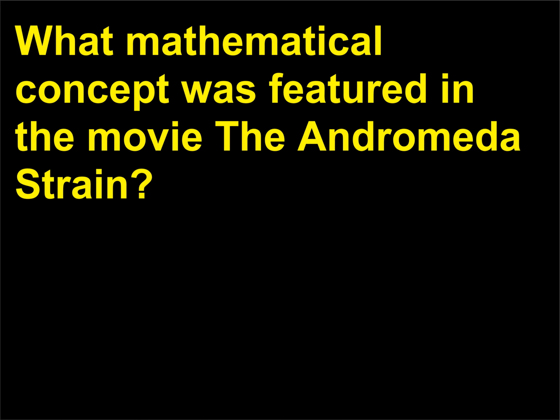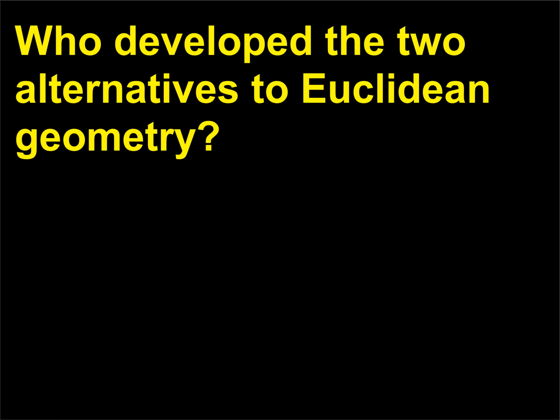Who developed the two alternatives to Euclidean geometry? Hyperbolic geometry was first announced by Russian mathematician Nikolai Ivanovich Lobachevsky, 1792–1856, also seen as Lobachevsky.